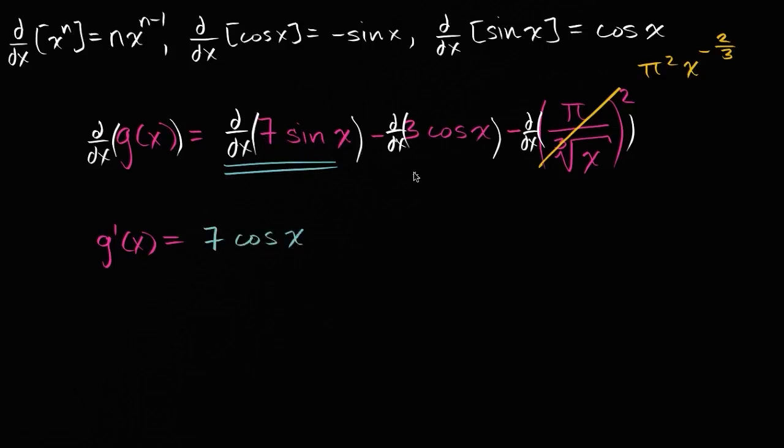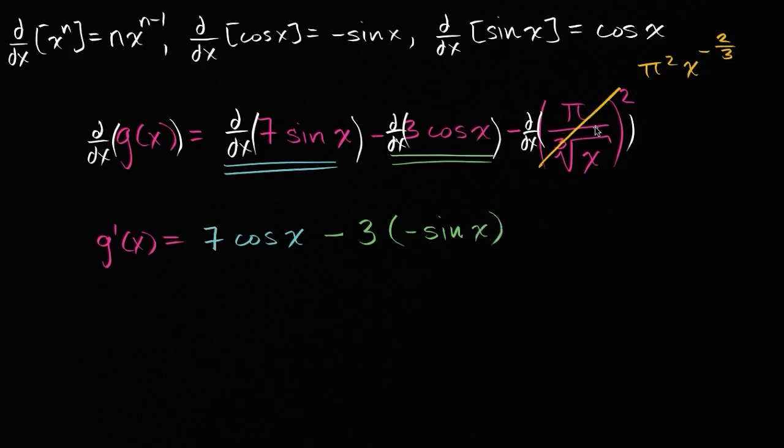This one over here, we're subtracting. So it's going to be this minus. We can bring the constant out that we're multiplying the expression by. And the derivative of cosine of x, so it's minus 3 times the derivative of cosine of x, which is negative sine of x. And then finally here in the yellow, we just apply the power rule.